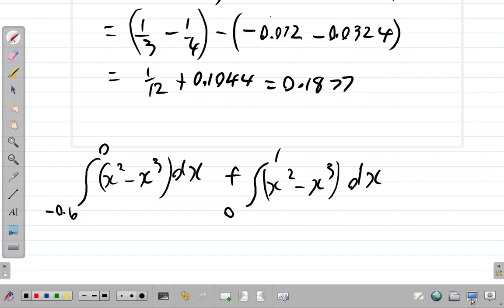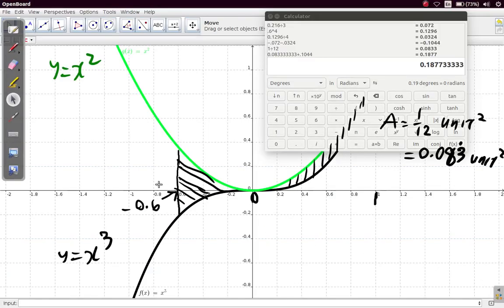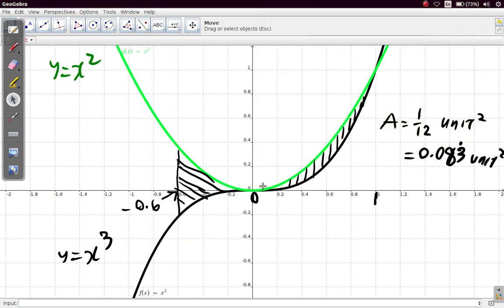We're adding these because, remember, the negative 0.6 to 0 will give us the shaded area on the left, and then the 0 to 1 will give us the shaded area on the right. So let's see what's going to happen.